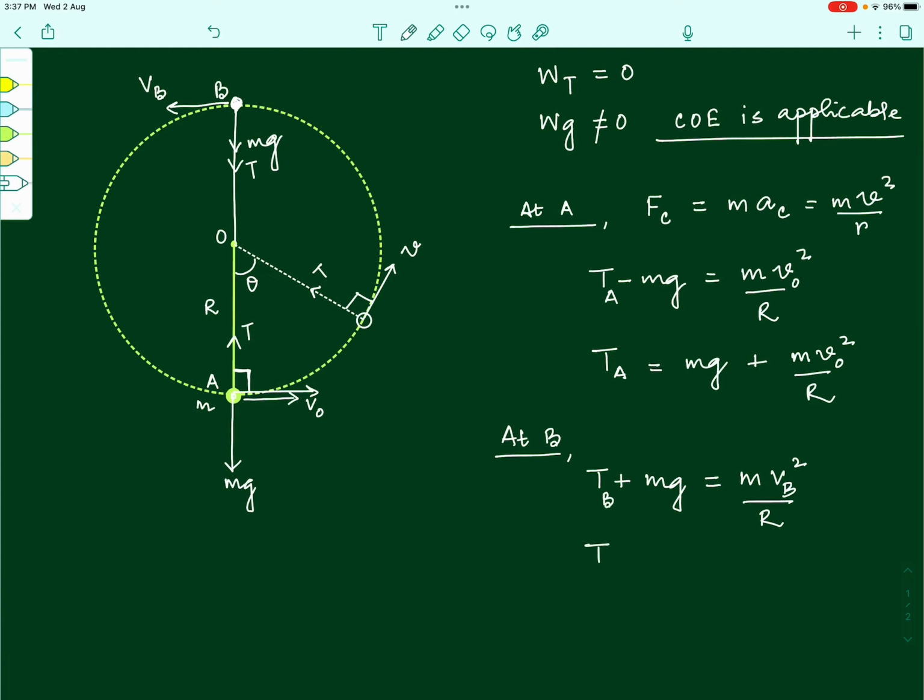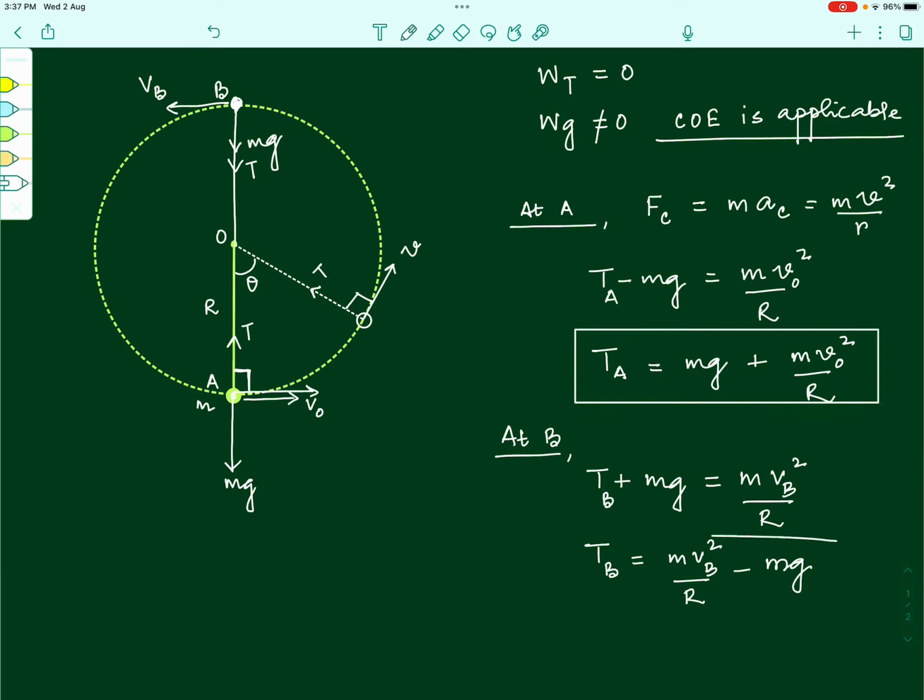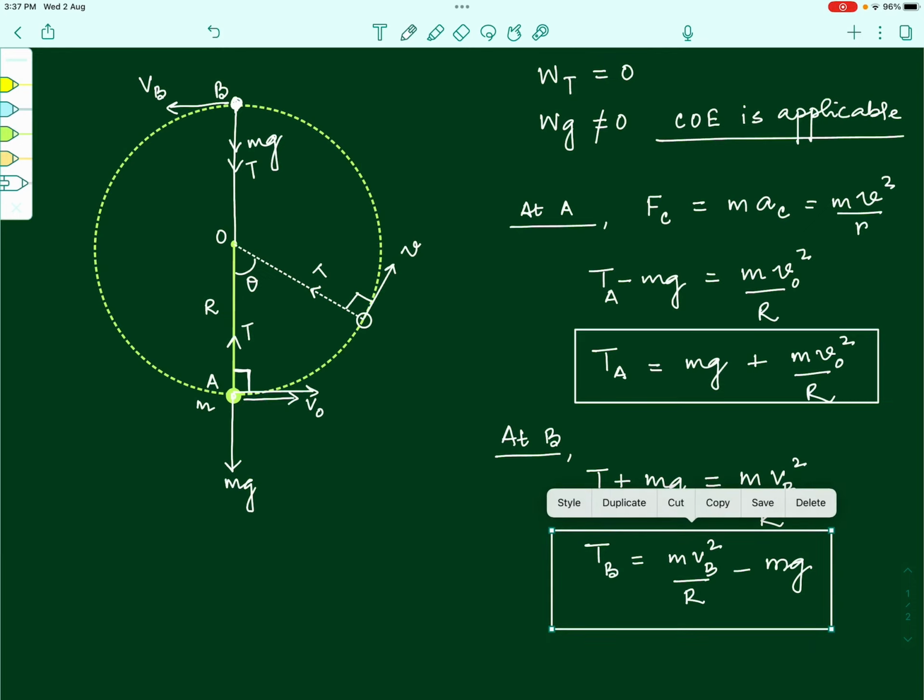So from here we can write tension at the point B is equal to m into vb squared by r minus mg, right? So this is another relation that we get. This is the tension at A and this is the tension at B, the highest point. Understand that at the highest point the tension is mv squared by r minus mg, right? So there is a change of sign in the two equations if we look at that carefully.